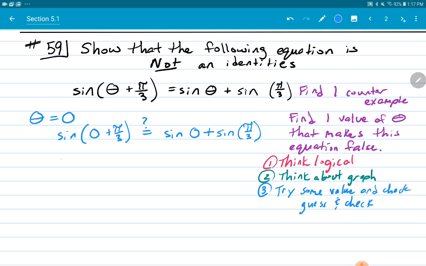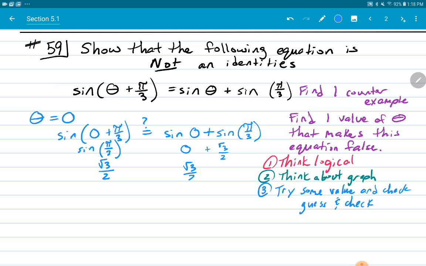So sine of 0 plus pi over 3 is just sine of pi over 3, which equals radical 3 over 2. And on the right side, I have sine of 0, which is 0, and sine of pi over 3, which is radical 3 over 2.